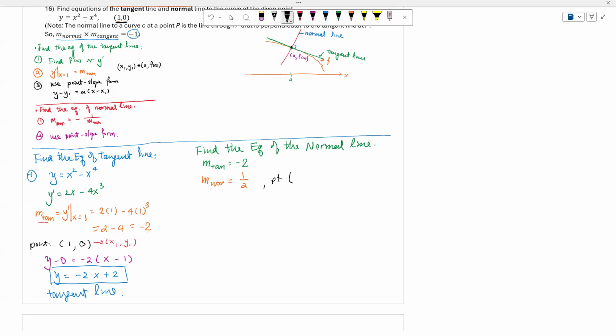It must be the same point, which is 1, 0. Then again, plug it into the point-slope form, and we have y minus 0 equal to 1/2 times x minus 1. So this will be the equation of the normal line.